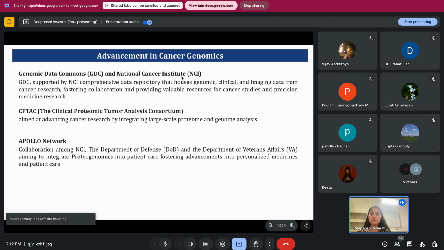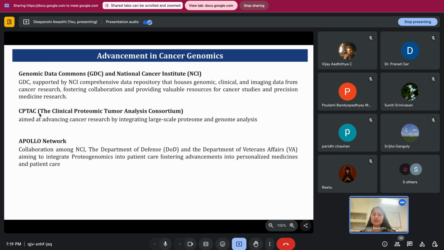Anybody can use that data and help to design drugs for cancer or precision medicine. The Genomic Data Commons and NCI are data repositories, they allow you to store the data, and you can also analyze the data from their site. You can get any data regarding cancer genes.